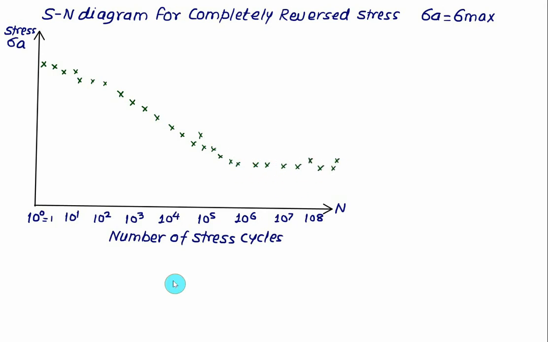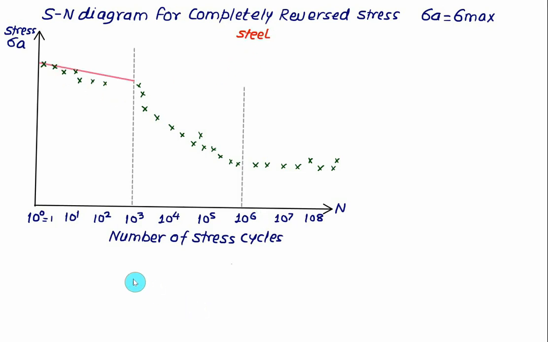If the test is conducted for a different number of alternating cycles, we will develop a plot that we call the SN diagram. It is also called a stress life diagram. This data I have plotted for steel. If the material changes, we will get different points on the SN diagram.